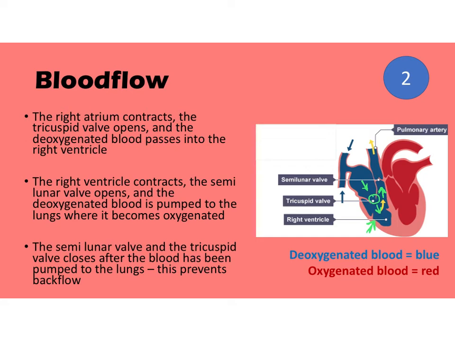The semilunar valve will then open, and the blood goes up through the pulmonary artery to the lungs, and in the lungs the blood will become oxygenated. The semilunar valve and the tricuspid valve close after the blood has been pumped to the lungs, and that prevents backflow.